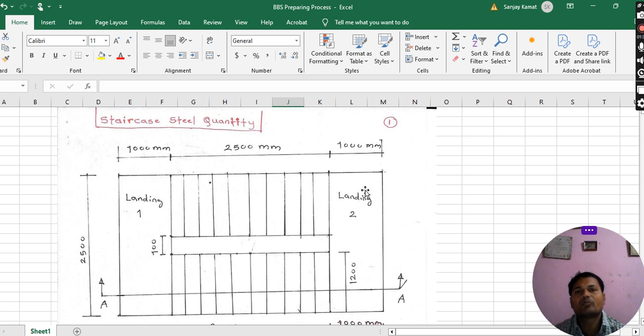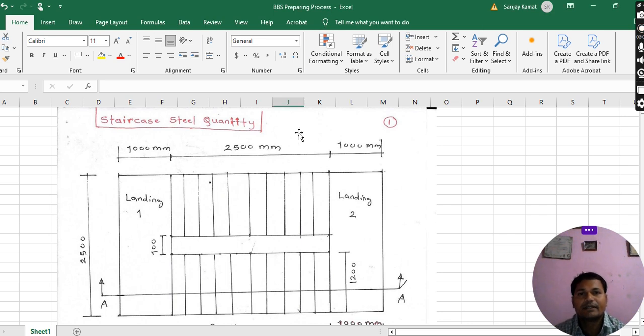It depends upon the height of the building, the staircase of the building, and the sloping of the staircase. Depending upon that, we keep the steps of the staircase, also known as risers, and then treads.